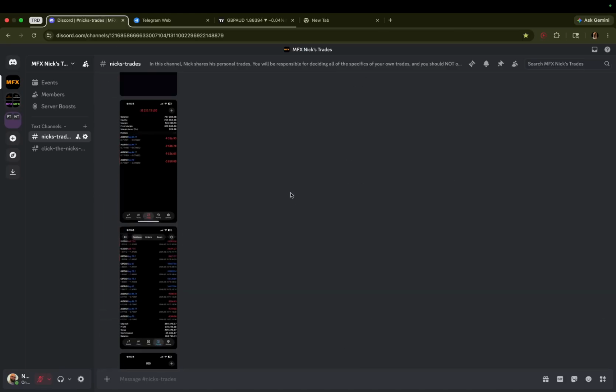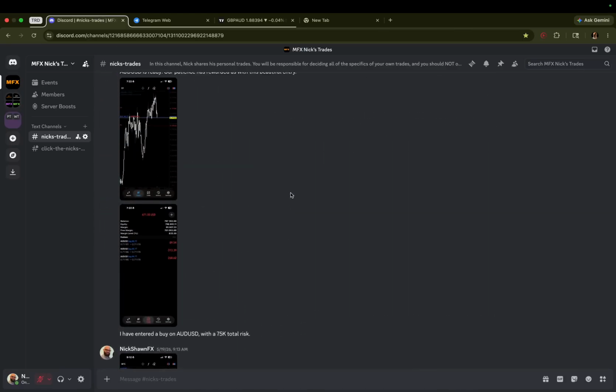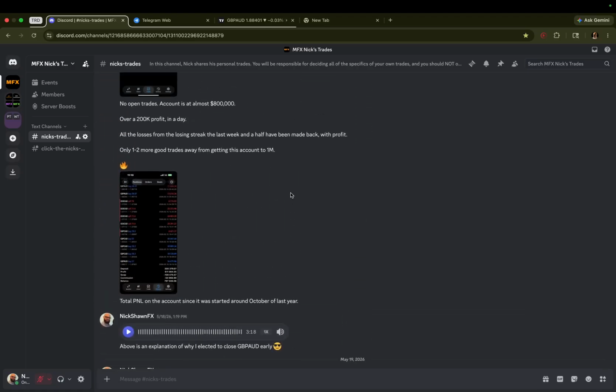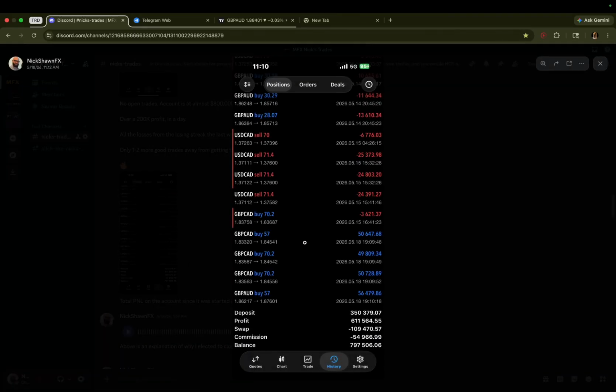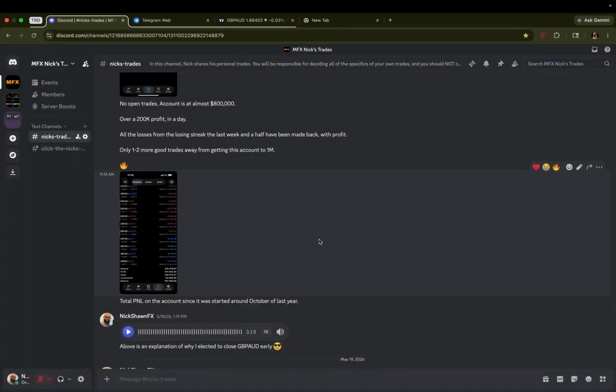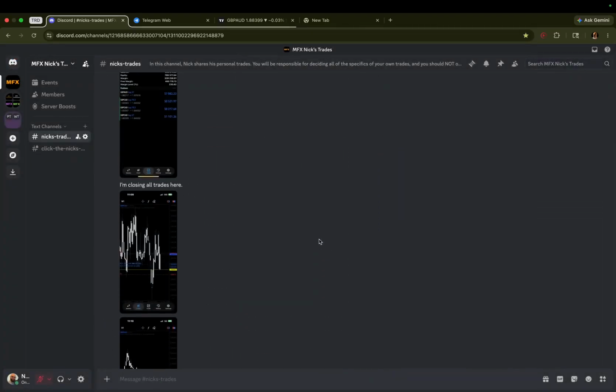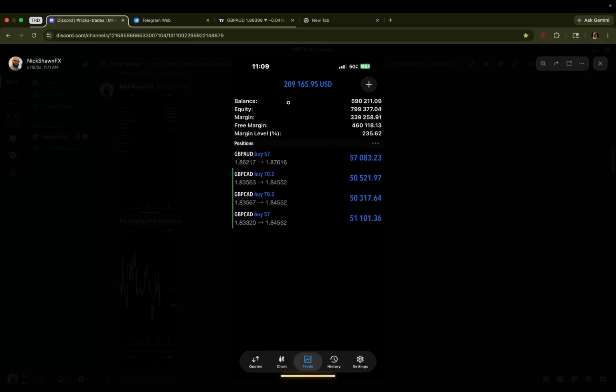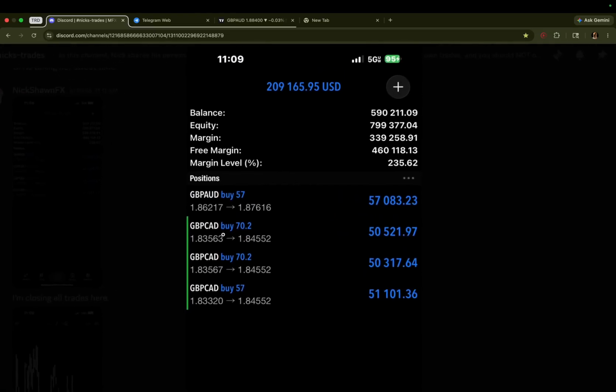And again, everything is documented live. All my exact trades are shared here in the Discord server. And you can see that on these ones, GBP CAD and GBP AUD, I had 3 total entries on that GBP CAD trading opportunity, 150K plus GBP AUD 56. So this was a total of about $209,000 I made just on these setups.